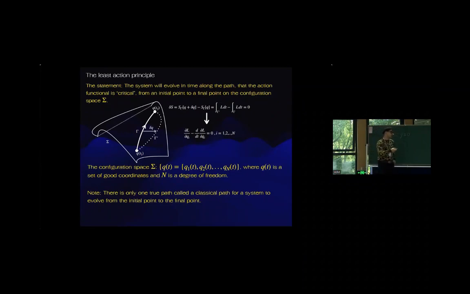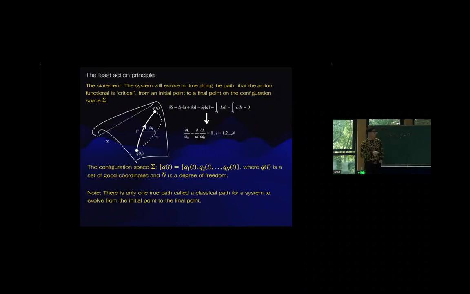We can find that path from the critical condition of the action, and then we get what we know as the Euler-Lagrange equation. That is a very basic thing in this context, which is classical. We have only one true path connecting the two different points on this configuration space.